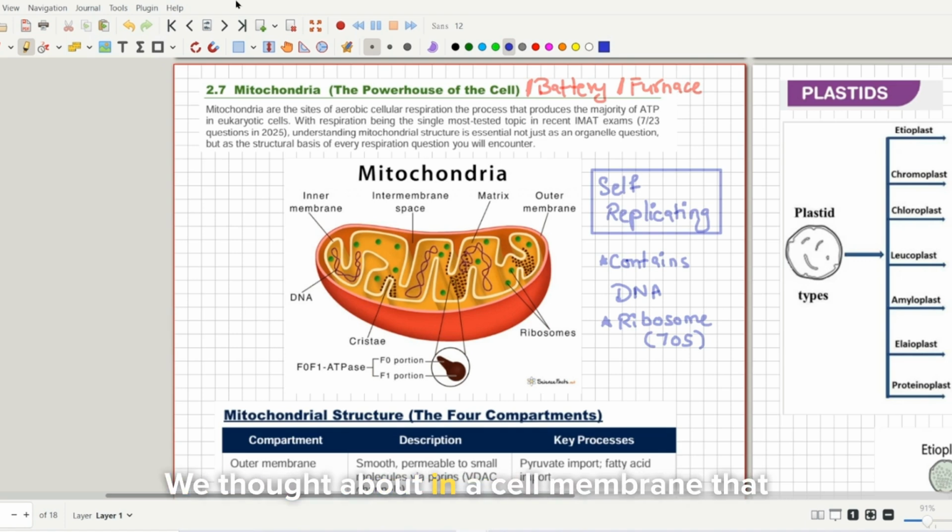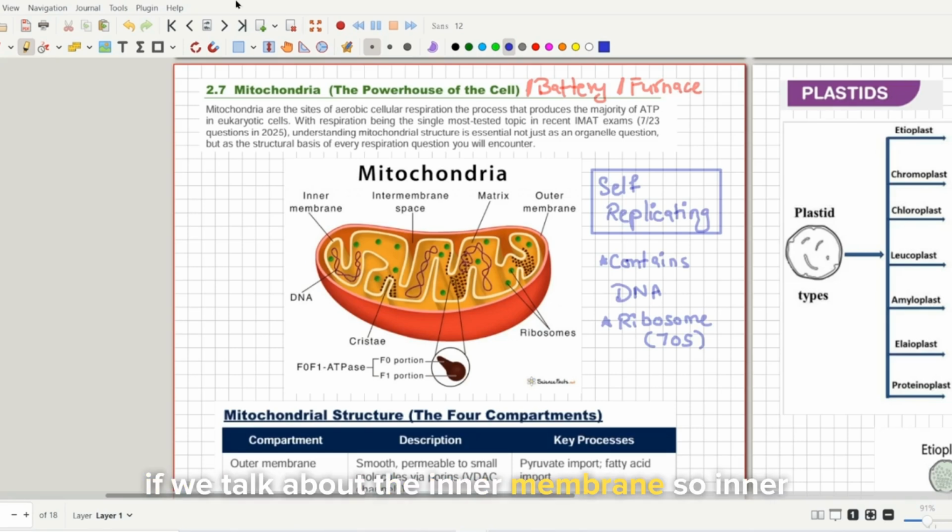We talked about the cell membrane not being freely permeable, it is semi-permeable. The cell membrane only lets one or two materials go inside, and it does not let everything go in and out. That's why the plasma membrane is semi-permeable. It only permits a few molecules to move in and out of the cell, while the mitochondrial outer membrane is freely permeable. It does not stop anything from coming in and out, because of the smooth membrane.